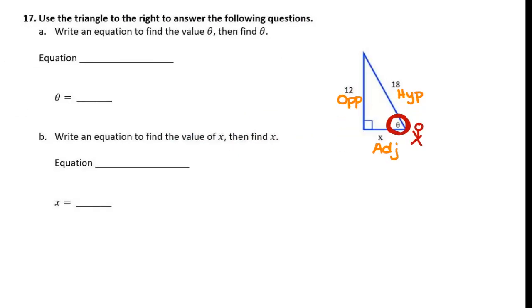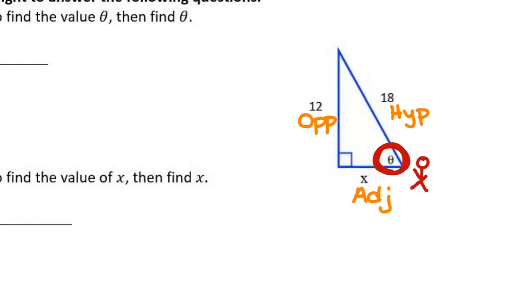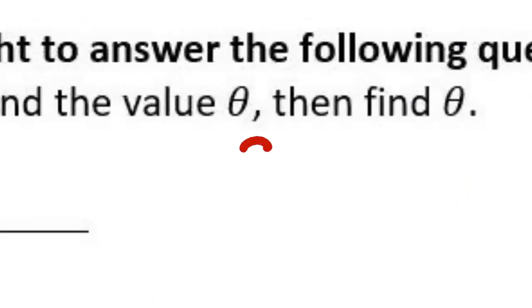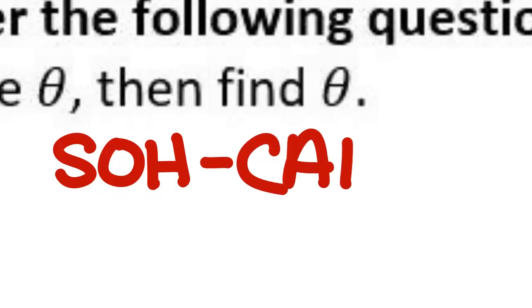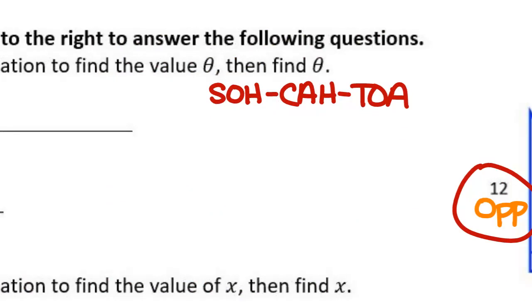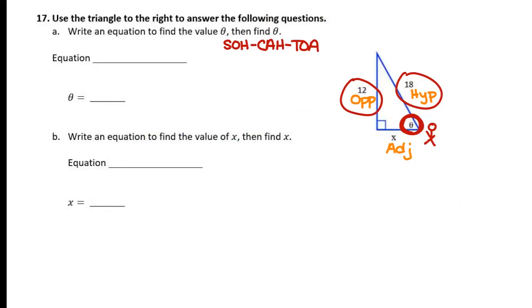All right. We need an equation that we can solve to find theta. I know a number for the opposite side, and I know a number for the hypotenuse. So when I'm looking at TOA, I want the one that uses opposite and hypotenuse.